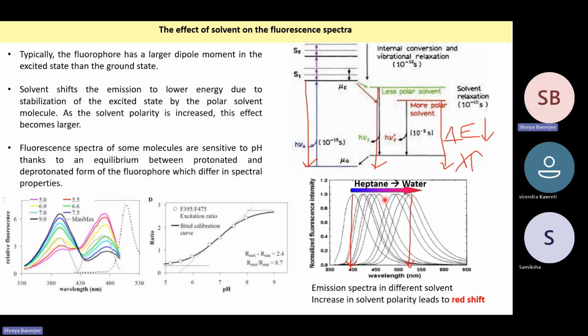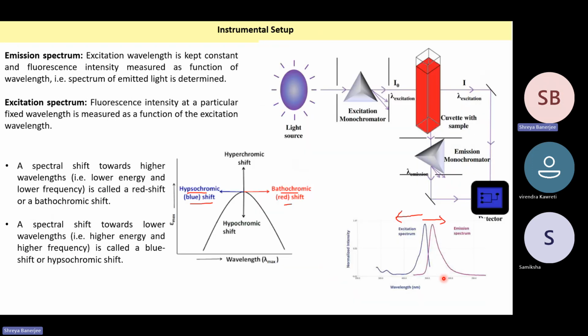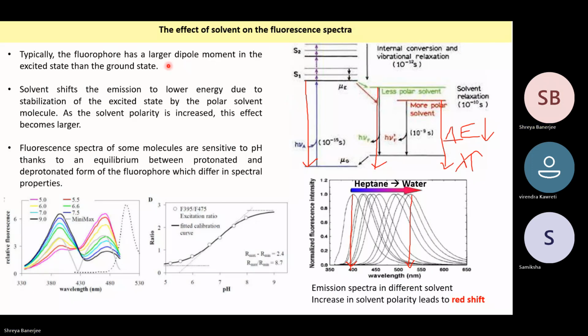The shift is happening to the right side, from low to high wavelength, and that kind of shift is called a bathochromic or red shift. So that is the solvent effect on this kind of spectroscopy.